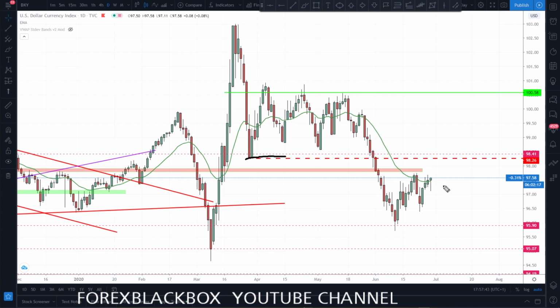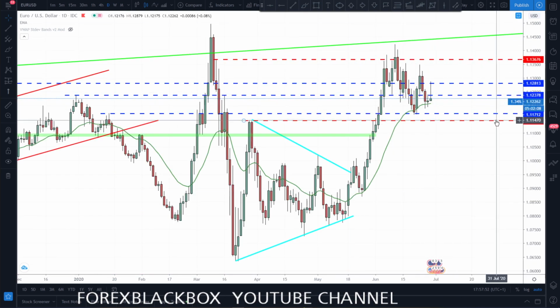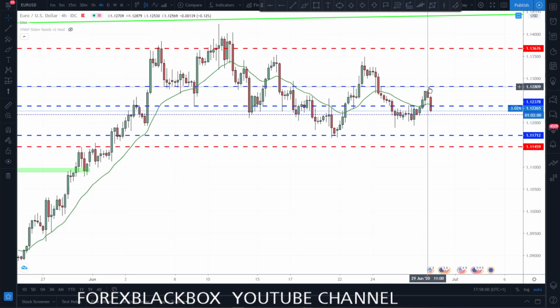When you exit your dollar pairs, I was short this morning on euro USD, and it basically came back up overnight and came back down. If you go to a lower time frame, you see that I shorted around this level at the close of this 4 hours and it went down and I just exited.